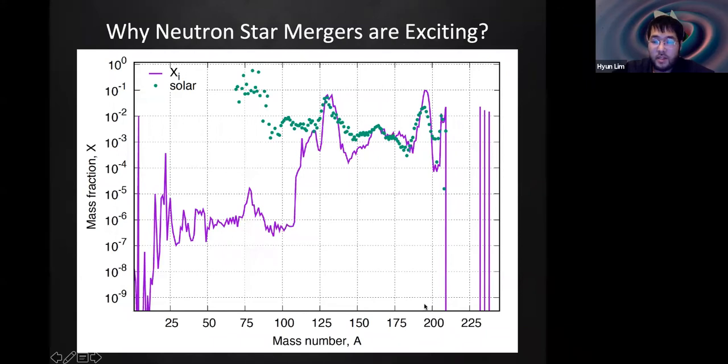And the mass number around 190, which is this peak, is gold. So that's the reason. You may remember that some people also describe neutron star mergers as the golden binary. So neutron star mergers can provide a really interesting experimental platform to understand heavier element formation and also different astrophysical signatures.